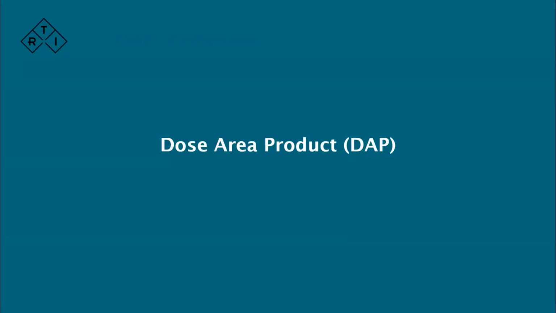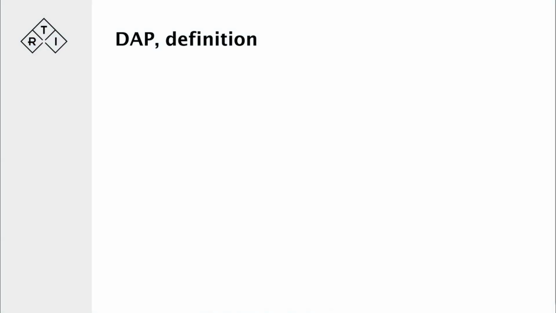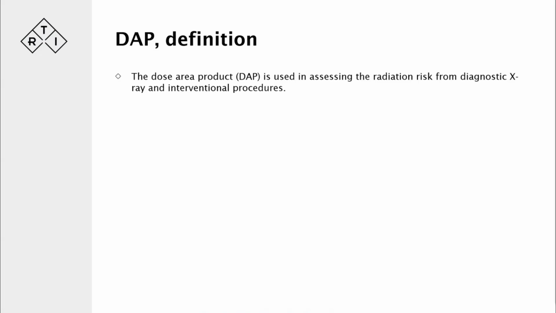So first, looking at DAP, what is that? Well, dose area product. It's used in assessing one part of radiation risk from X-ray, and it looks at not only the dose but the total radiation administered to a patient or a subject for X-ray.